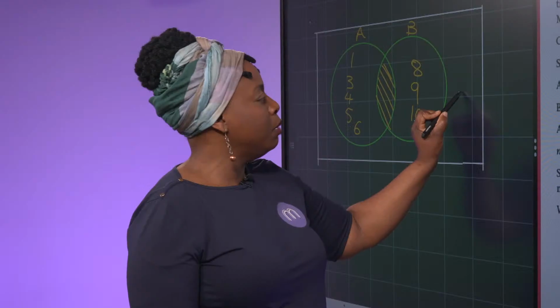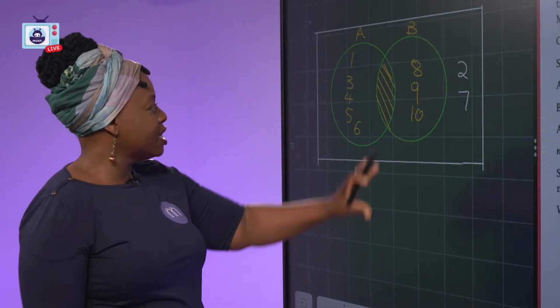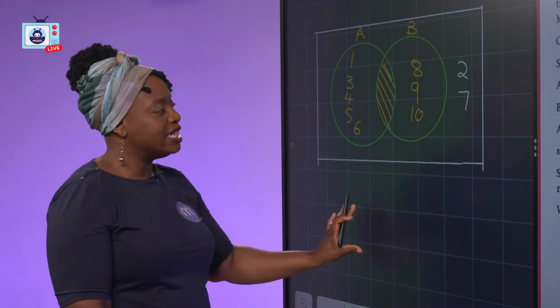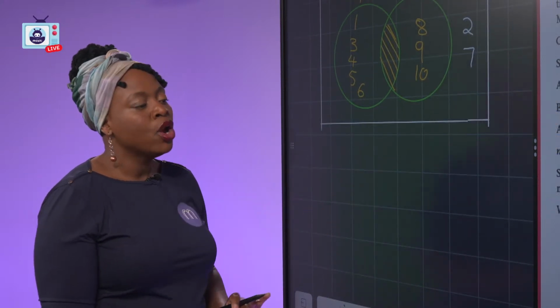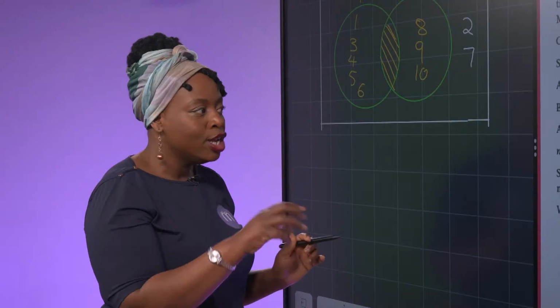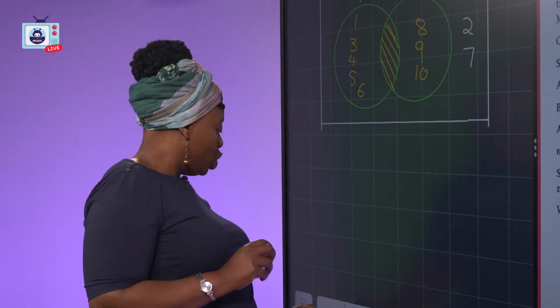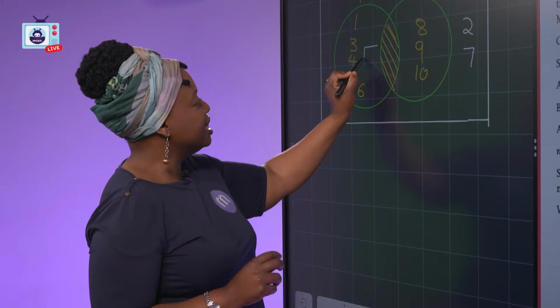So I can come and put my 7 and the 2 outside. So this is me trying to represent what is given there. But in a nutshell, when you are drawing for the probability, you'll be saying, how many numbers do I have here for me to get the probability? Remember, we have a total of 10. So it means I will have 1, 2, 3, 4, 5. And that is why you will see on our other side, it is written as 5.